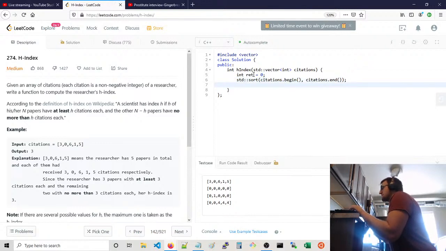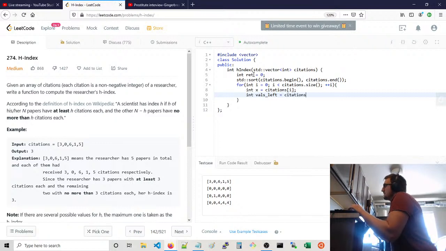Sort, and then we're going to say for int i equals 0, i is less than citations dot size, increment i, set int x equals citations of i, and we're going to say balance left is citations dot size minus 1 minus x minus i plus 1, which is just minus i.